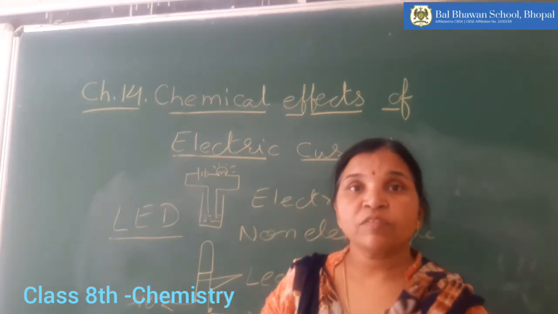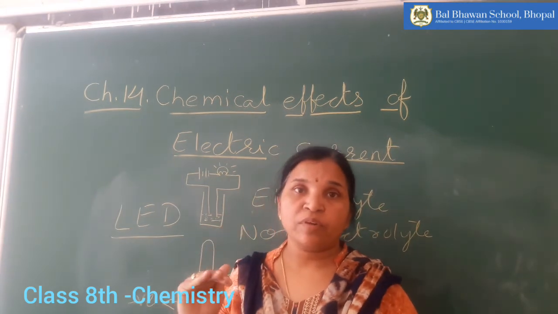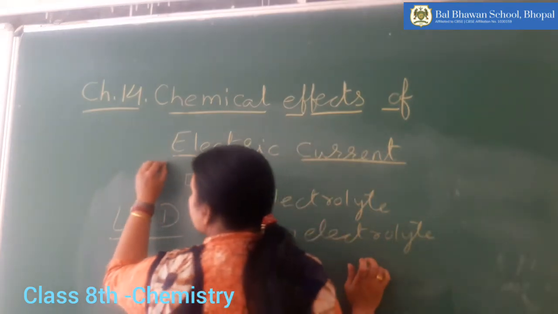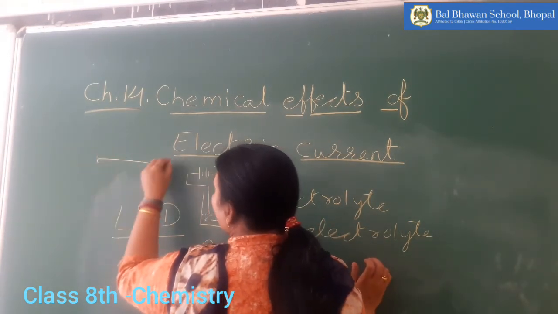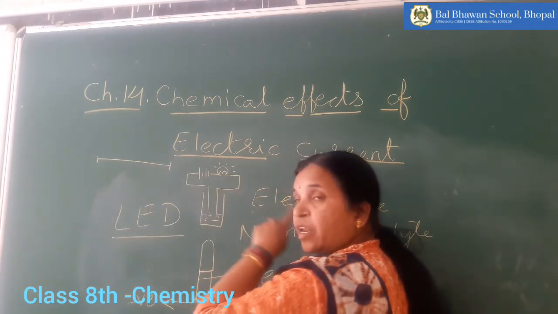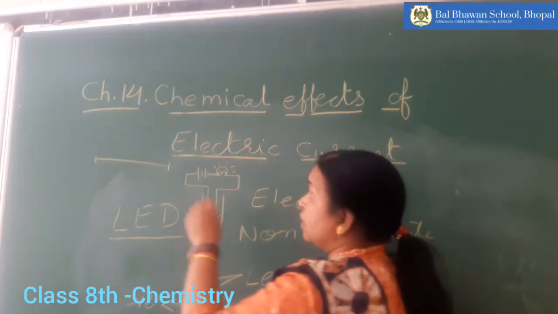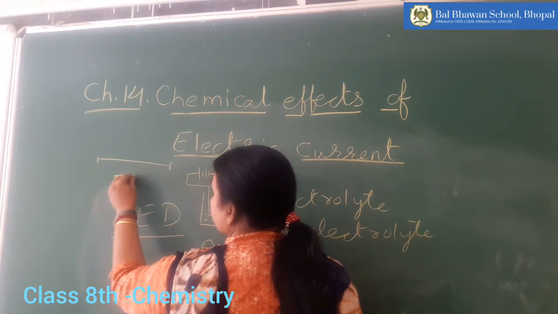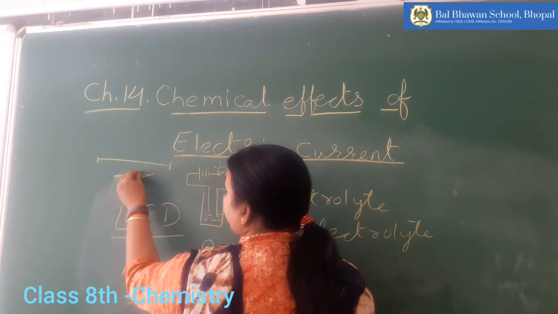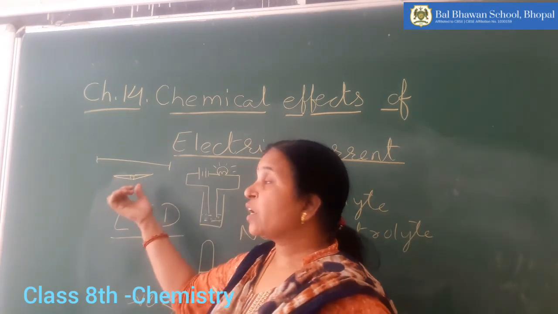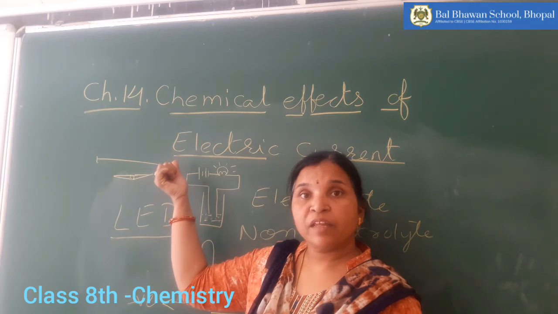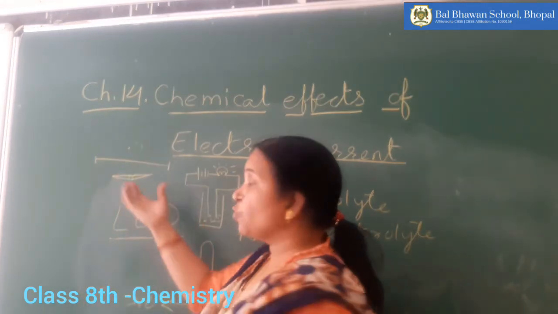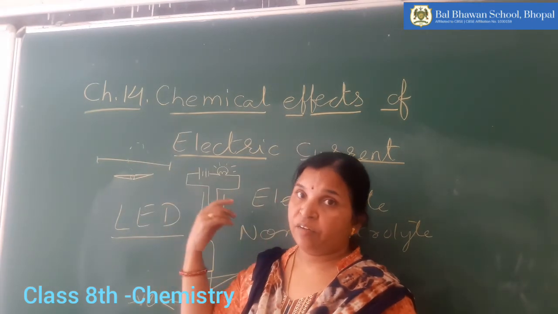And last year also we have studied about the Oersted apparatus, in which we have found that when the compass is placed near the copper wire which is carrying the current, the needle of the compass deflects. It shows the deflection. That indicates that the current carrying wire creates a magnetic field around it, due to which the magnetic needle gets deflected.